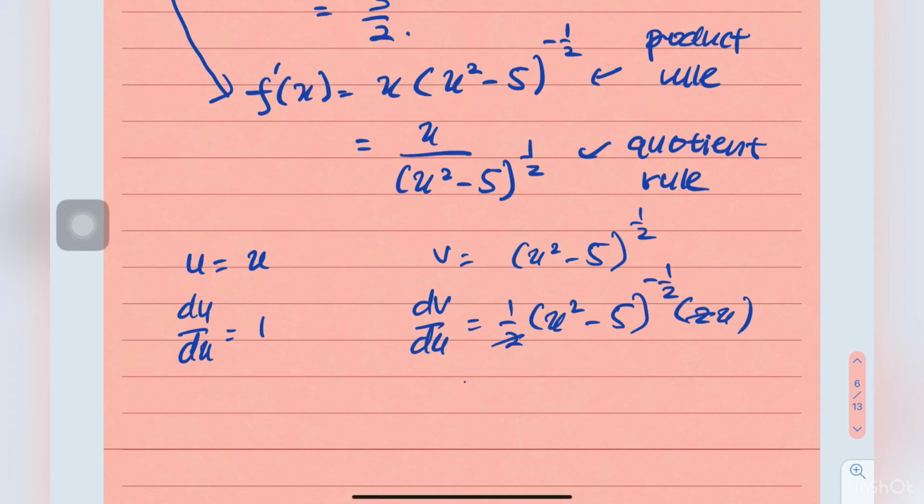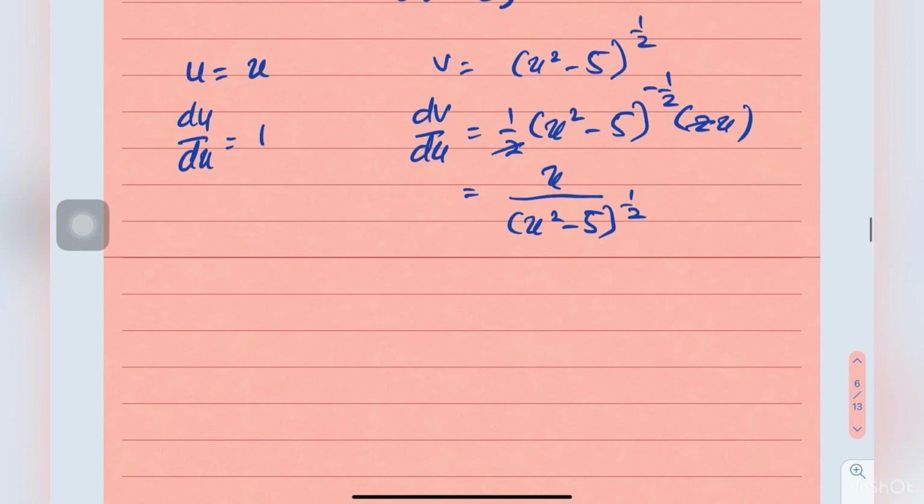So here I get x over (x squared minus 5) to the power of 1 over 2. Careful, this is the quotient rule.